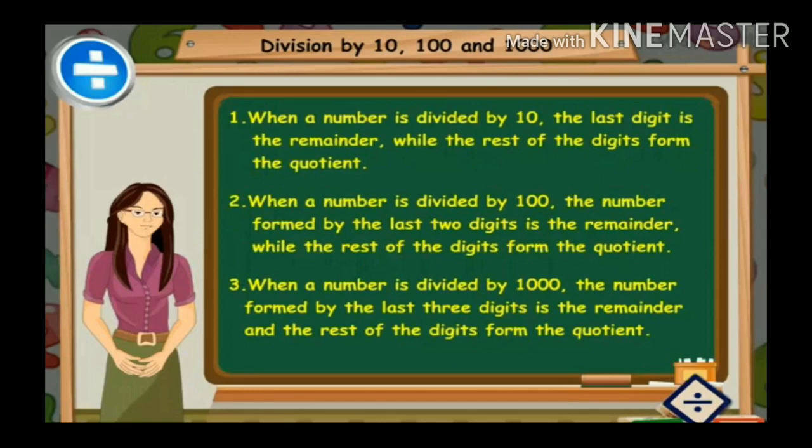When a number is divided by 100, the number formed by the last two digits, which are the ones and tens digits, is the remainder, while the rest of the digits form the quotient. And third, when a number is divided by 1000, the number formed by the last three digits, which are ones, tens and hundreds, is the remainder, and the rest of the digits form the quotient.